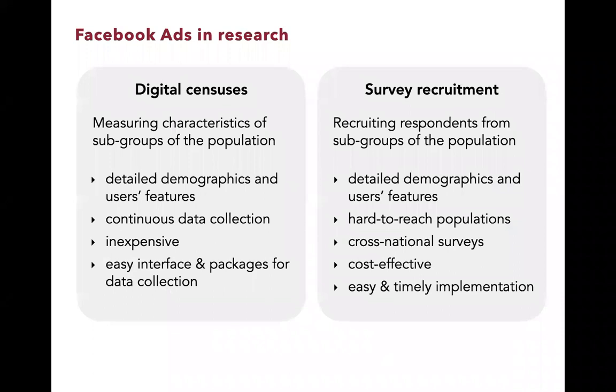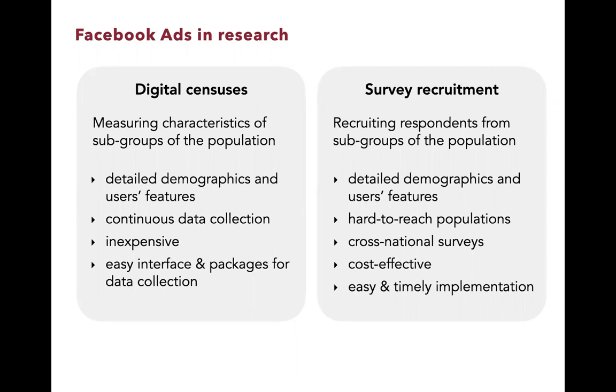Now, with these characteristics in mind, Facebook advertisements have now been largely used in research, mostly in two ways: either for conducting digital censuses to measure some characteristics of subgroups of the population, or for recruiting respondents from subgroups of the population to participate in surveys.